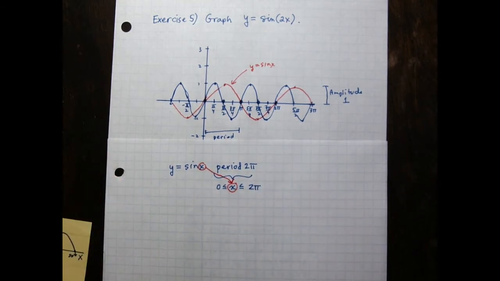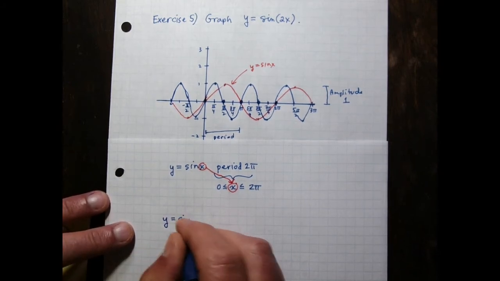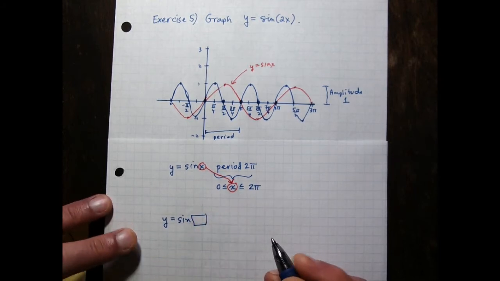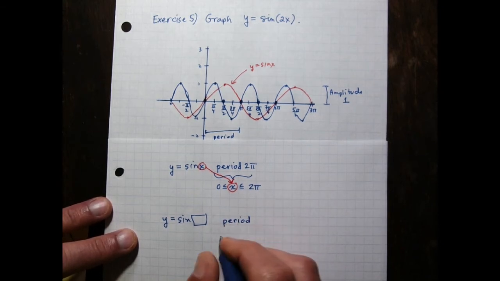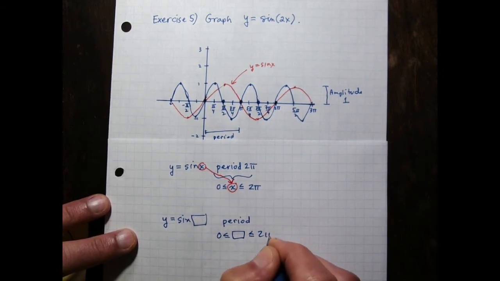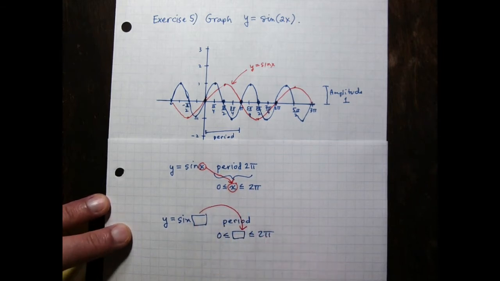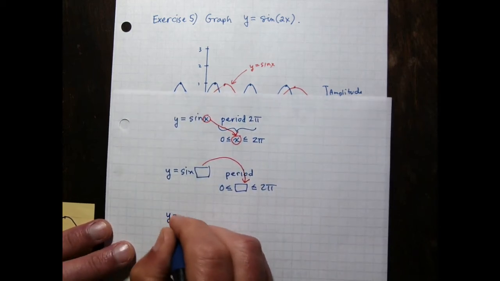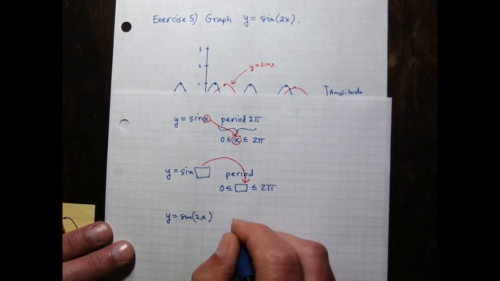In general, if I take y equals sine of anything, we're going to get a period by taking an interval of that anything taking values between 0 and 2 pi. In other words, what's written there gets written there. Now let's compare this to y equals sine 2x, the graph we just did.